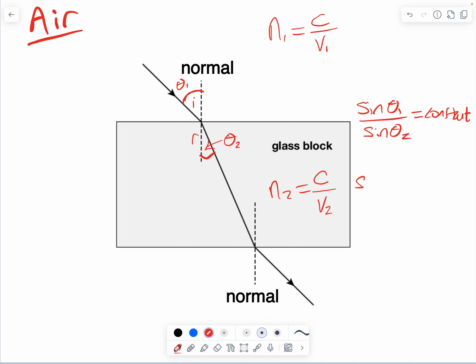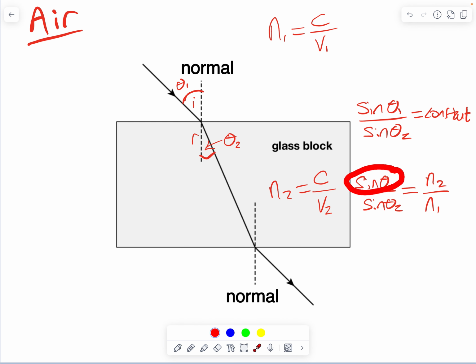Sine theta 1 over sine theta 2 is equal to the refractive index of the material that the light is passing into divided by the refractive index of the material that light is passing out of.